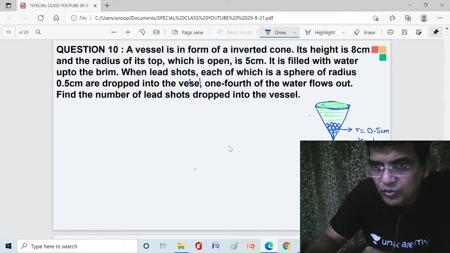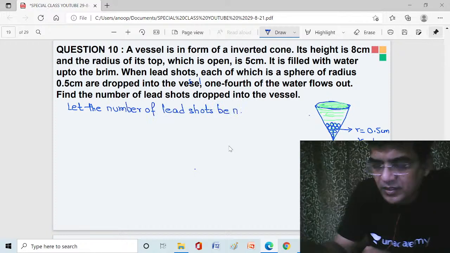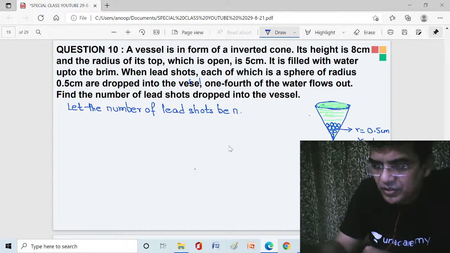So let the number of lead shots be n. So we have considered the number of lead shots as n.